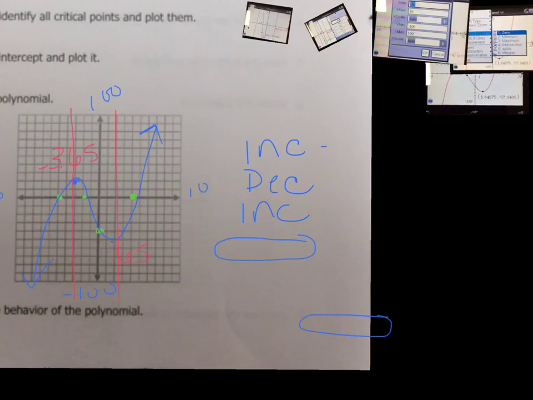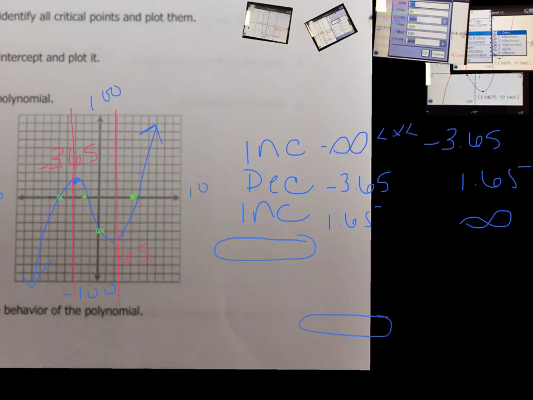Okay, so from negative infinity to negative 3.65, then from negative 3.65 to 1.65, and then 1.65 to positive infinity. Then I just have to add my symbols in here. And there's my behavior.